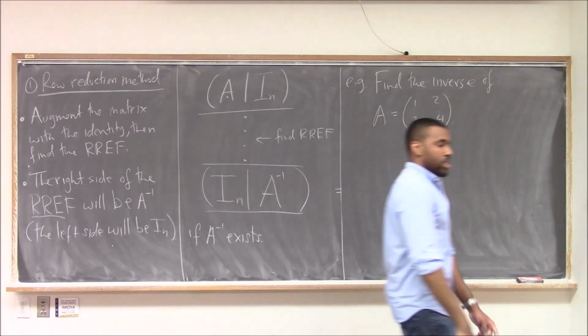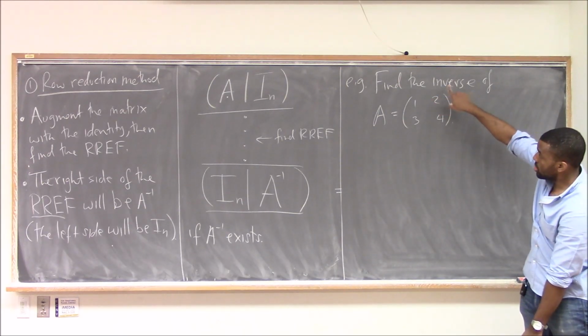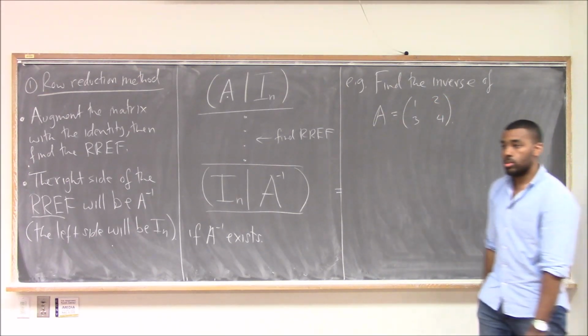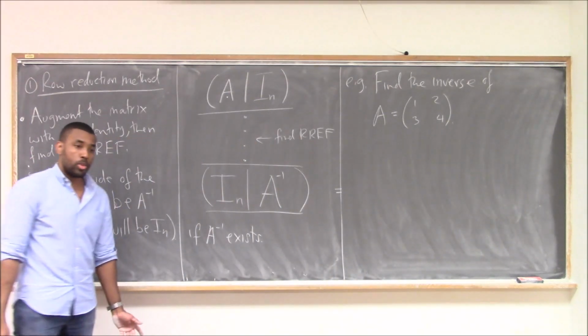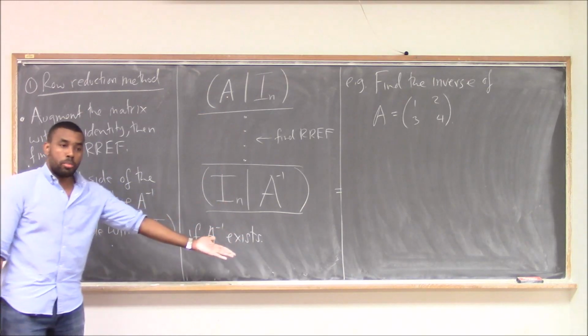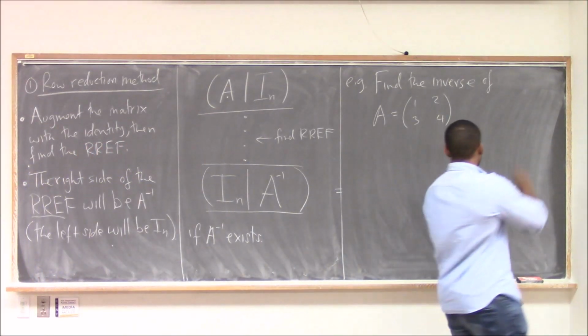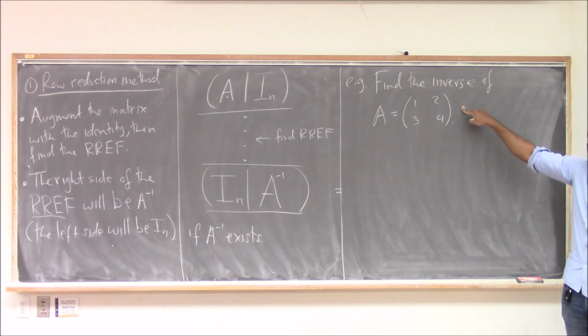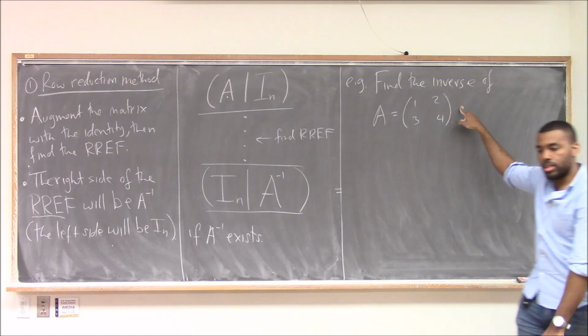By the way, I know the inverse would exist because the determinant of this is 4 minus 6, which is minus 2. It's not 0. So I know the inverse actually exists. I'm going to ask you to find it. Here's one method. I'm going to use this method. There's going to be another method. And in fact, there's a nice shortcut formula for 2x2 matrices, but that formula actually comes from the second method, the adjoint method.